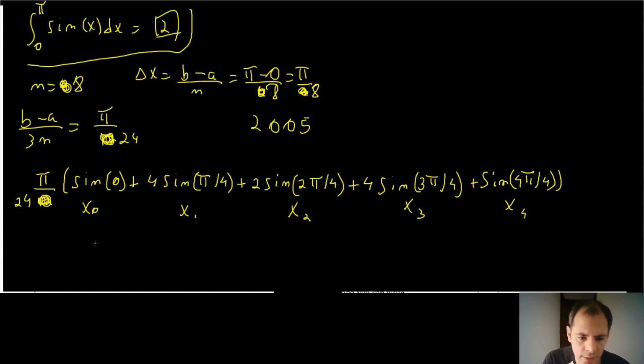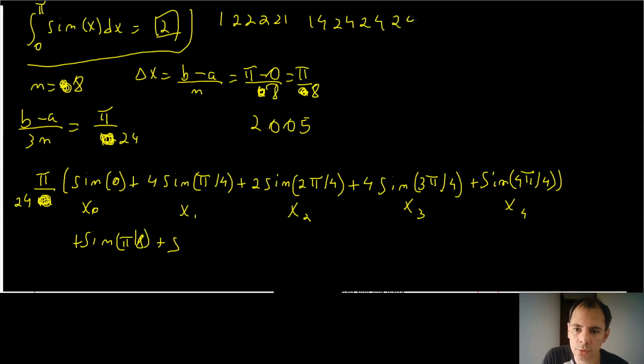So besides all this, you're going to add sine of pi divided by 8, plus the sine, and you're also going to have to put the right coefficients in here. So the coefficients are going to change, because it's not like in the trapezoid rule that it was 1, 2, 2, 2, 1. It's 1, 4, 2, 4, 2, 4, 2, 4, 1, something like this.